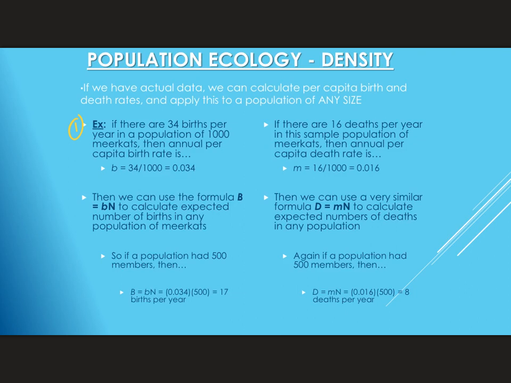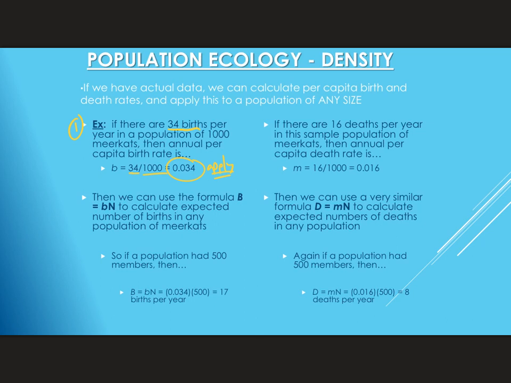Well, if we study this population of meerkats for a year, and we find that there were 34 new babies, then we can say there were 34 births for 1,000 meerkats total in a year, gives us a rate of 0.034.